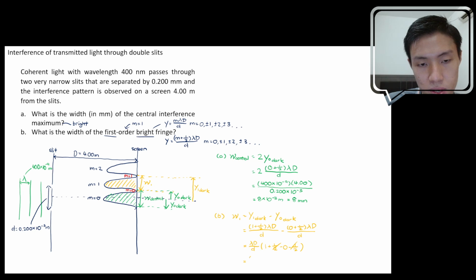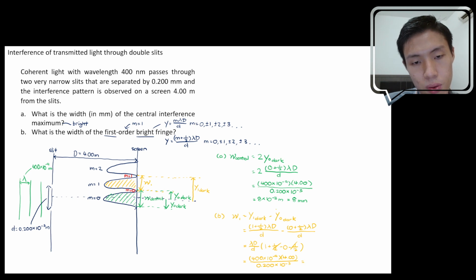Again, you're going to substitute similar things: 400 times 10 to the power negative 9, 4 meter, and the distance between the slits will be 0.2 mm. Then you find the width here to have the same answer as the width central, because the substitution is the same.